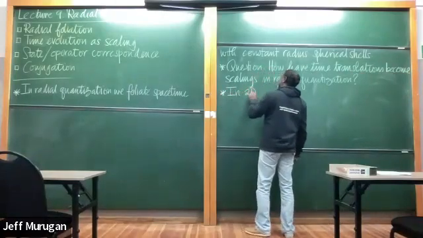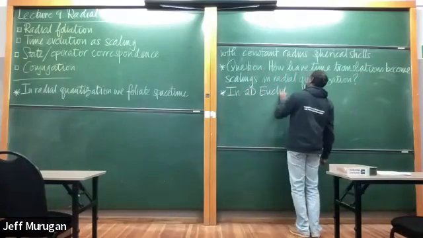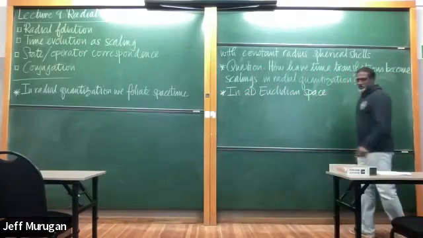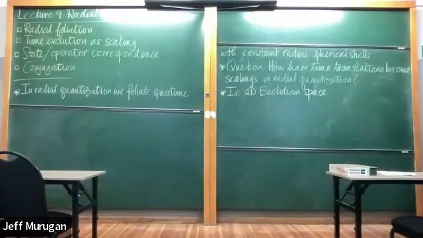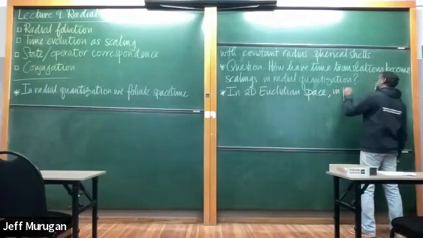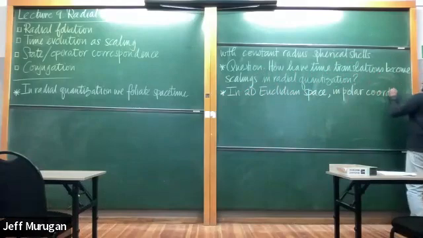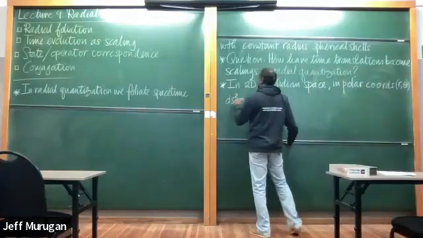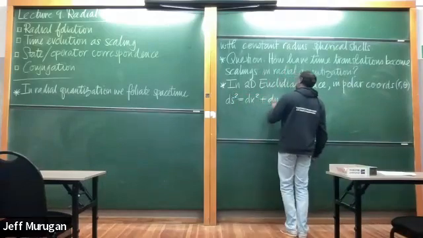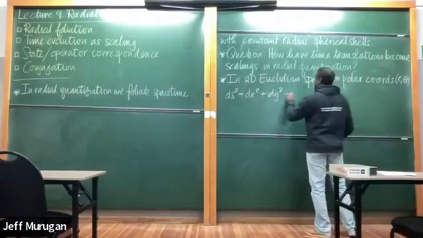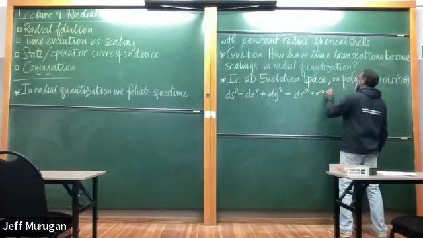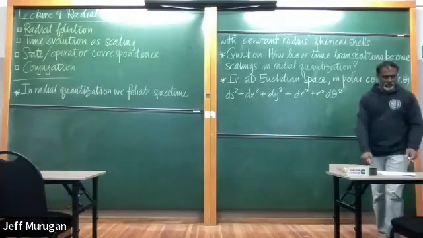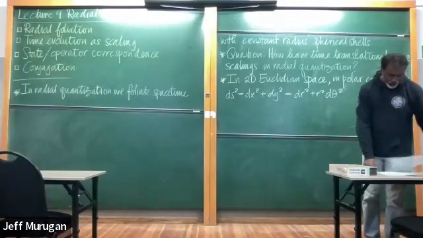So in 2D Euclidean space, in polar coordinates, the metric ds squared = dx squared plus dy squared just reads dr squared plus r squared dθ squared. The space is topologically the plane, so it's topologically R^2.